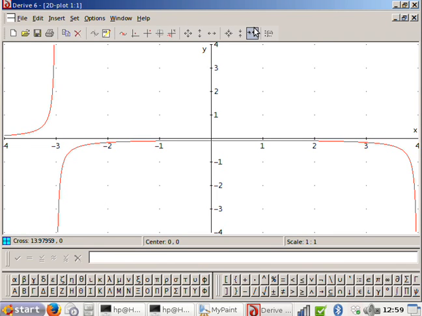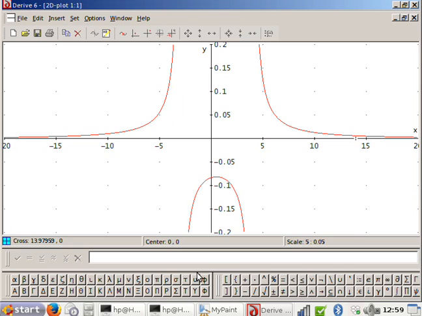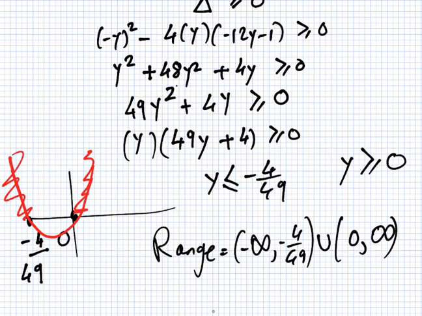Okay, now I need to zoom a bit here. Right, so look, I go all the way from minus infinity to this number here, which is what, minus 0.075, and then no y, no y, no y, no y. Do I have 0? No. I don't actually have 0, and then all the way up again. So can you just give me the decimal, please, of minus 4 over 49?